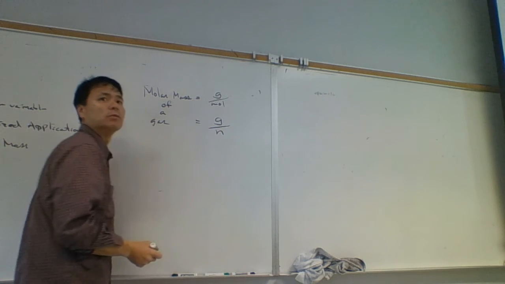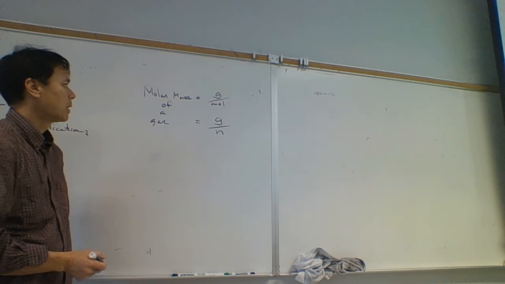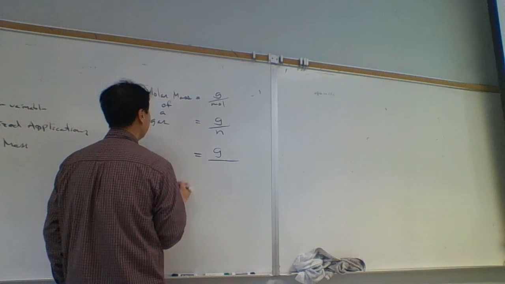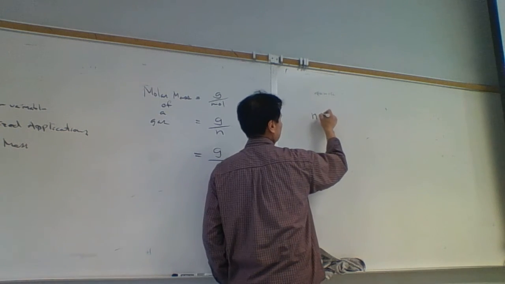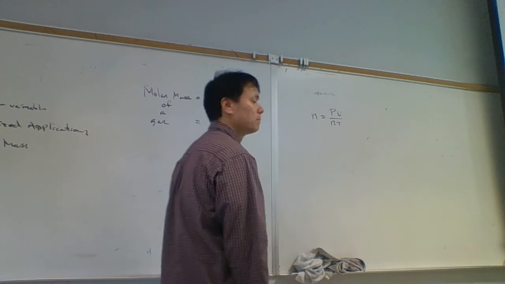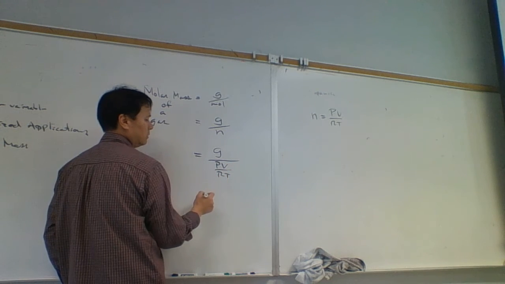n is the number of moles. And so this is going to be equal to grams divided by n. What is n equal to? n is equal to PV over RT for a gas. And so what we'll do is divide the grams by PV over RT.